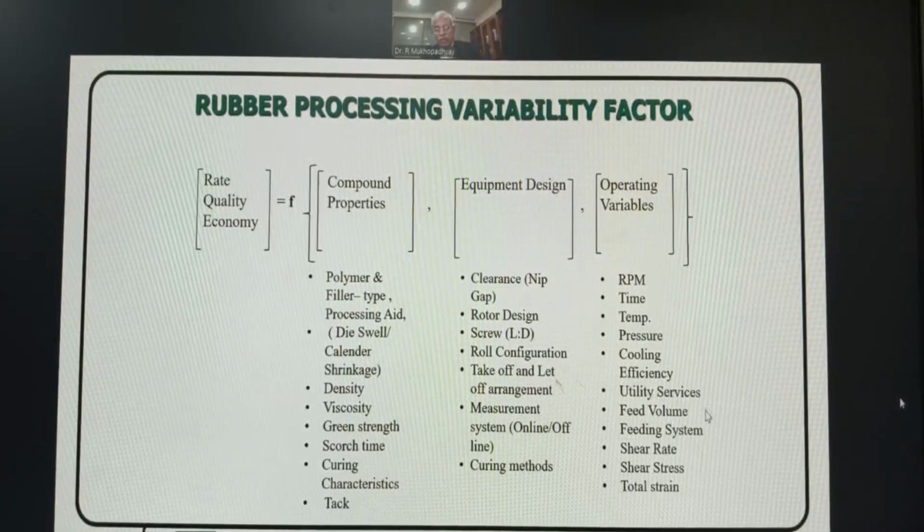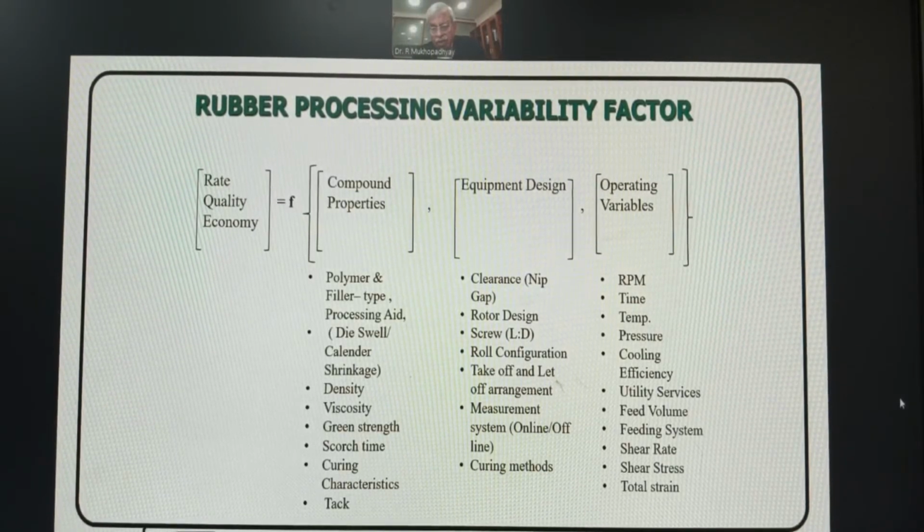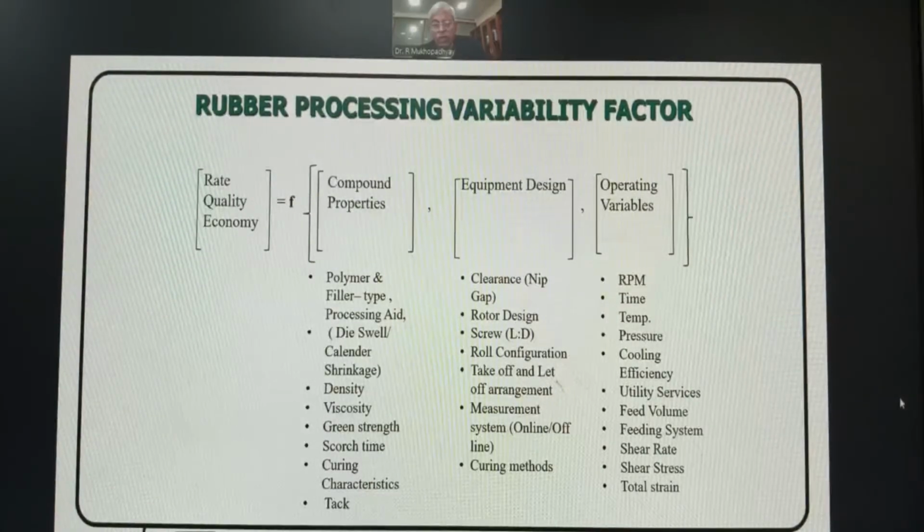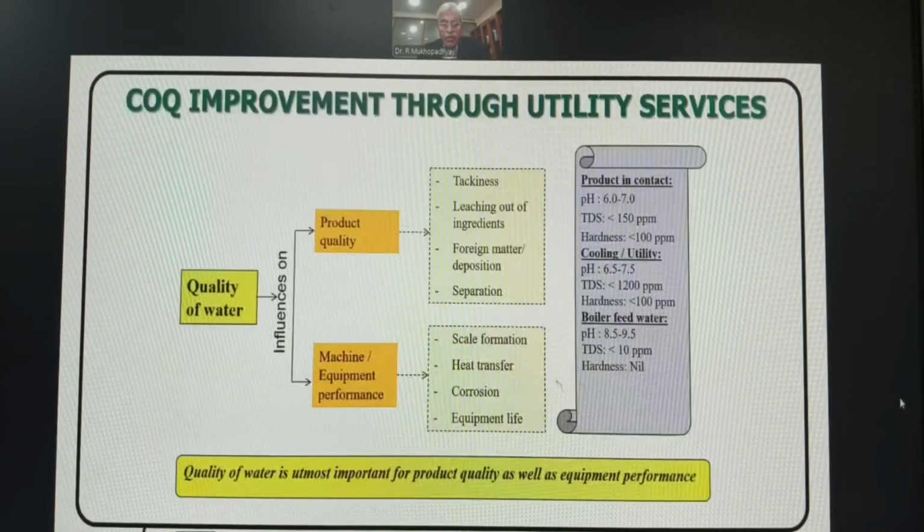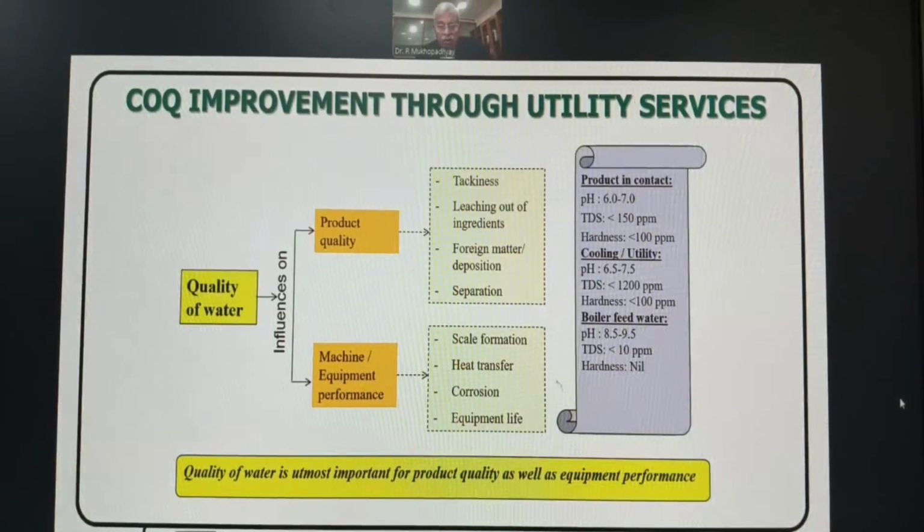So these parameters also influence the compounding area, because if any of these variables is not proper, you get inconsistency. That is the reason that even if the materials are the same and the machine is the same, if the operating variables are different, you get a different behavior of the compound in processing. Now similarly, the quality of water affects product quality and the equipment.